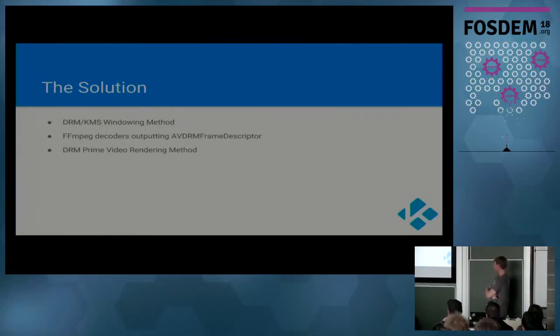Just an overview of some of the stuff that I'll be covering, how we solve this. We're using DRM. I'll briefly talk about FFmpeg and how some of the decoder support there helps us a lot. And then we have this new thing called DRM Prime, the new rendering method we use across some of these new boards. So it's all pretty exciting stuff.